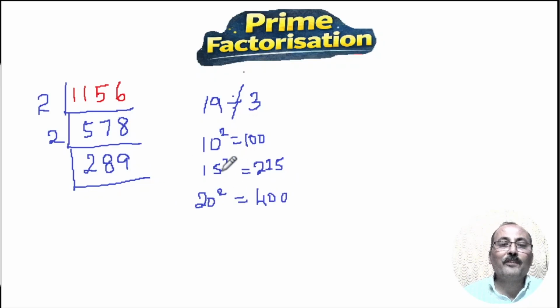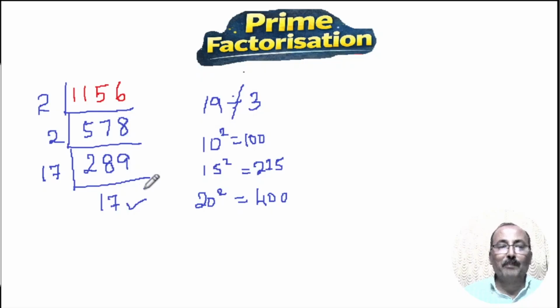So it lies between 15 square and 20 square. Between this, it may or may not be a perfect square, so you have to try one number. What is that? 9 ending. So 16, no; 17, yes. 17 17s are 289.